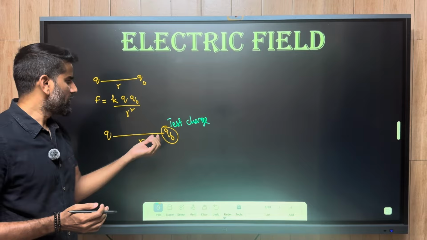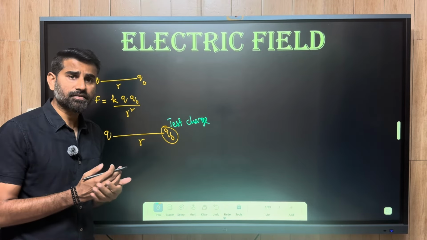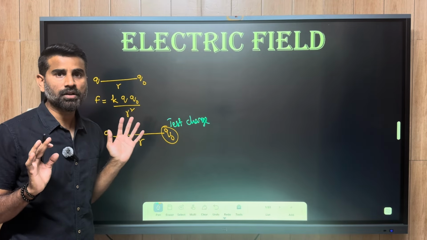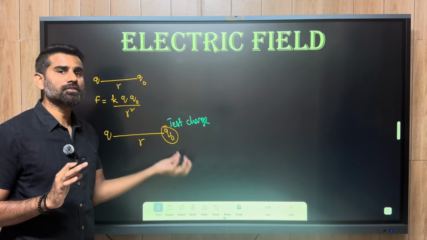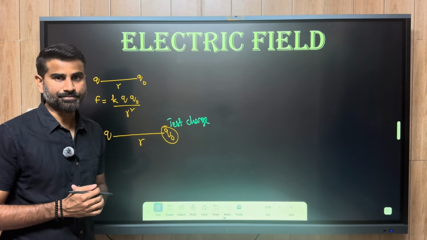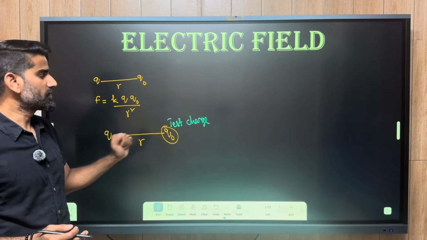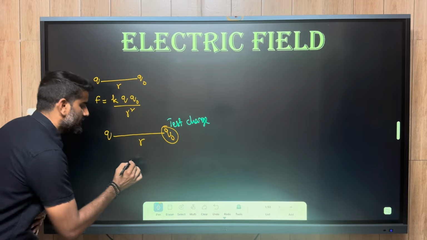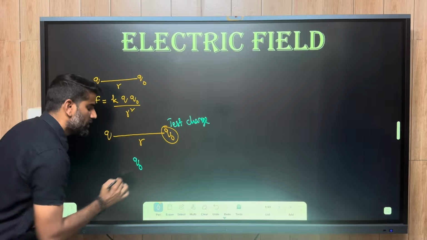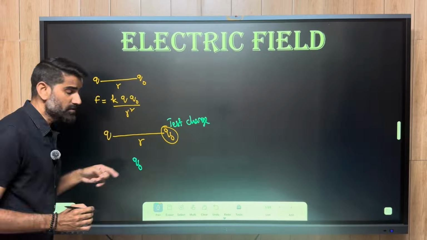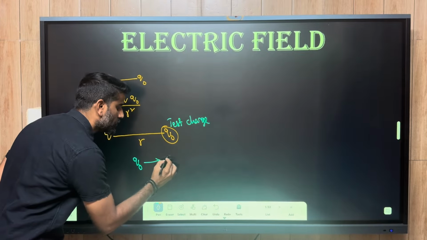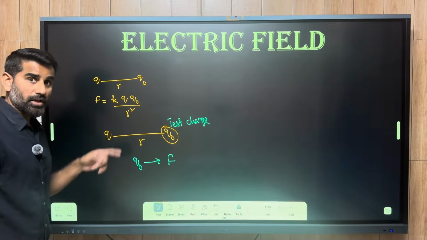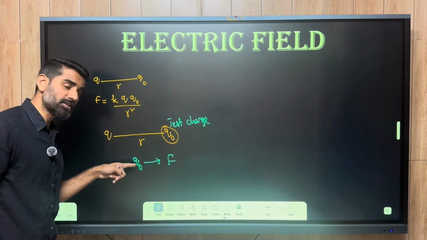It is a small amount of charge that creates a negligible field and causes no influence on the other charged particles. So this is the test charge. Let's say Q naught is the test charge on which the force is F.